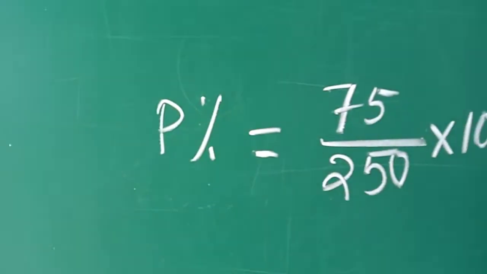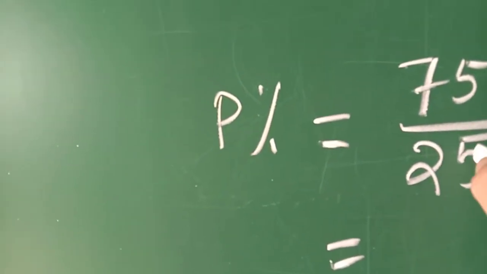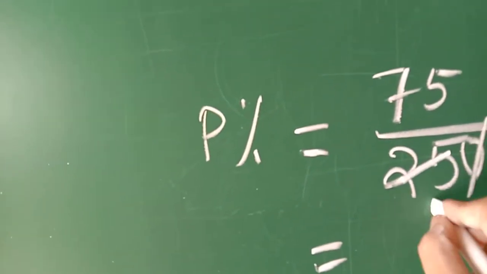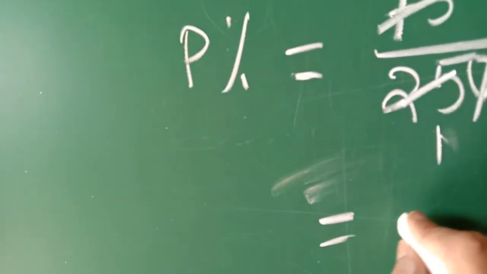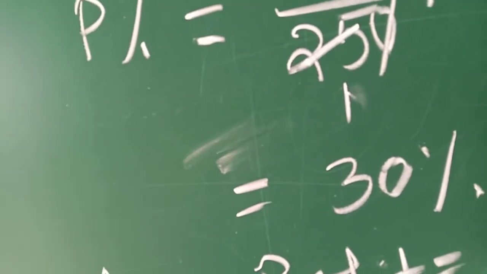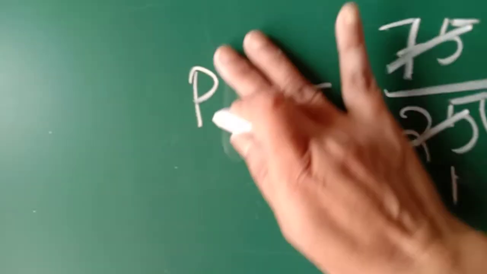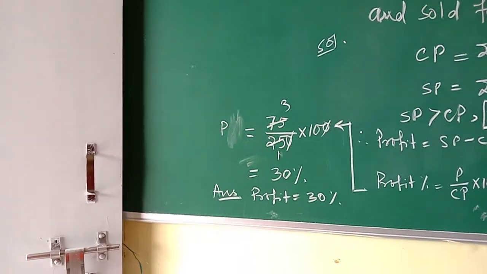It is profit percent. So cancel it, 25, 1 ja 25, 25 3 ja 75. So the profit is 30%. Answer, profit equal to 30%. Now your profit is 30%, so it is your answer only.